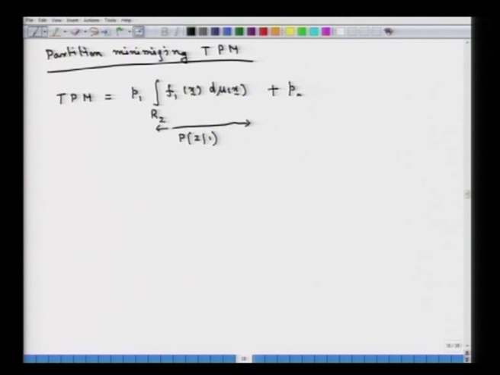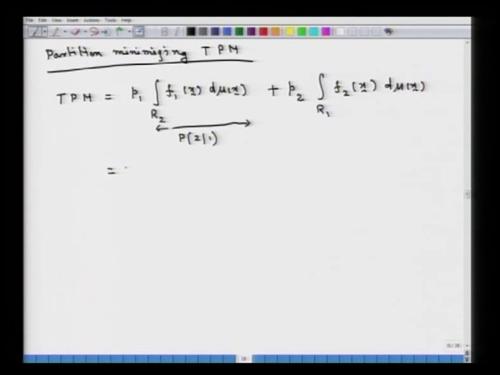Plus P2 times P(1|2), which is now going to be given by the integral over the region R1. It is coming from the second population, so it has a density F2 x with respect to the underlying measure.